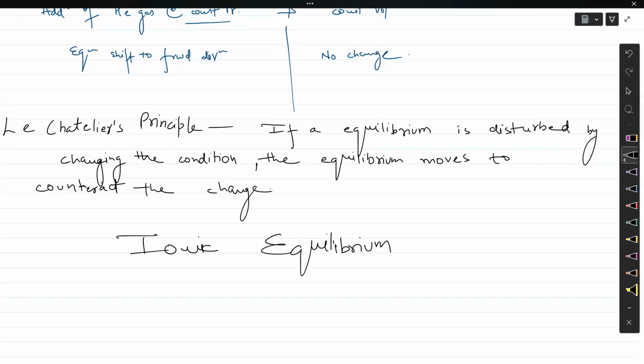Before, it was moving in one direction, then it will change its course to the opposite direction. For example, if I have increased the pressure, if it's going in the forward direction, it will go in the backward direction.